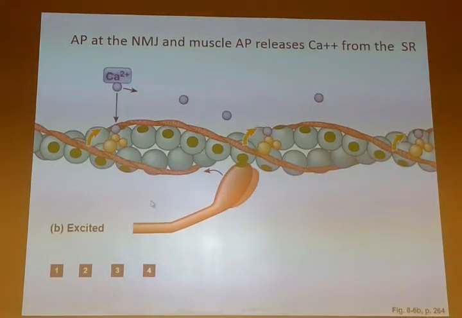As soon as the neck flexes, Pi is kicked off, and then ADP is kicked off, and nothing will change until a new ATP binds. When the new ATP binds, the myosin will detach and go back to its relaxed state.